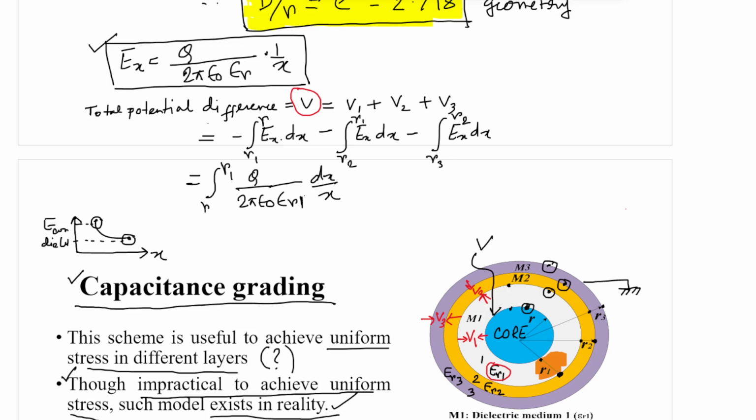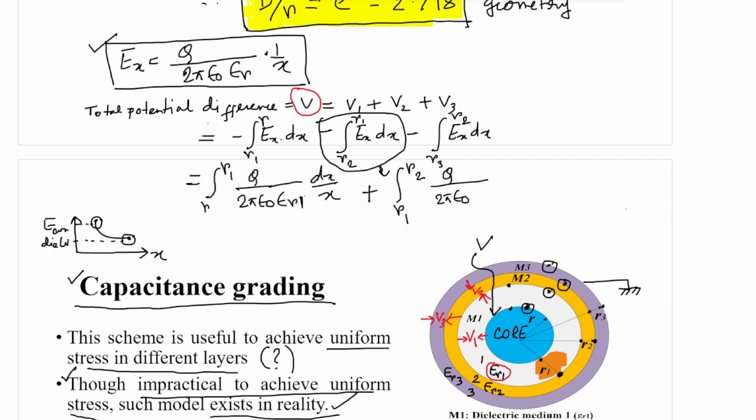Now if we come to the second expression, it becomes the same thing. The minus will become plus, so the integration limit will change. It will be R1 to R2. Now what is Ex? It will be Q by 2 pi epsilon 0.